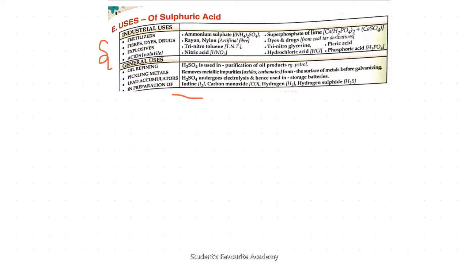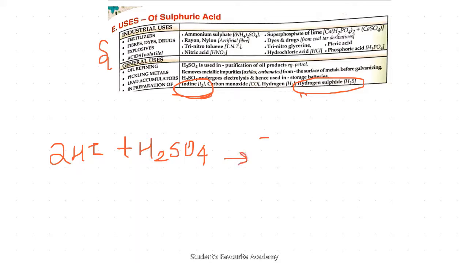From among these, how it is used in the preparation of iodine we have studied, and in the preparation of H2S also we have studied, children, how iodine is being formed. If you remember, when 2HI is reacted with concentrated sulfuric acid, what is being released? I2 is being released, and then 2H2O and SO2.